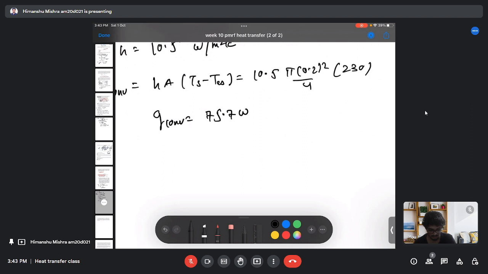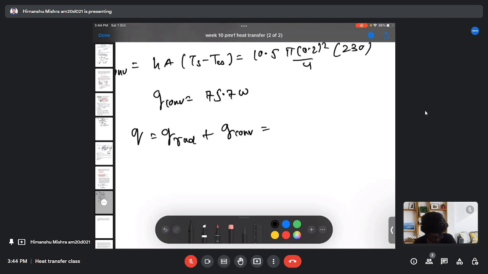So the total heat loss from the system will be heat loss due to radiation plus heat loss due to convection. So this will be 208.7 watt, my total heat loss due to the convection as well as the radiation.